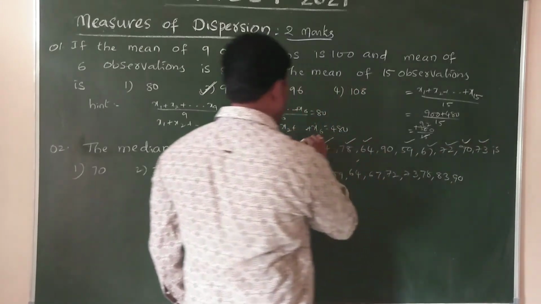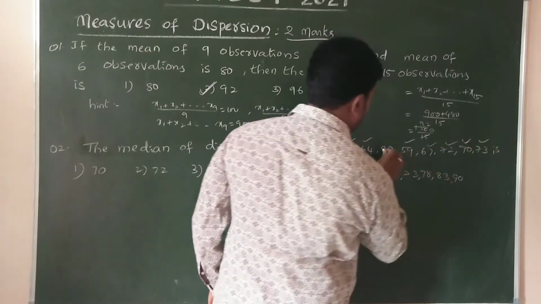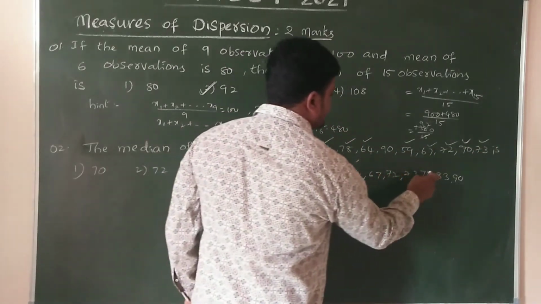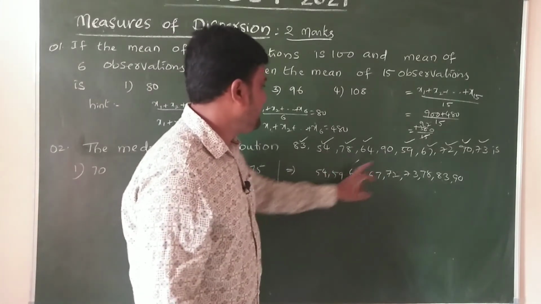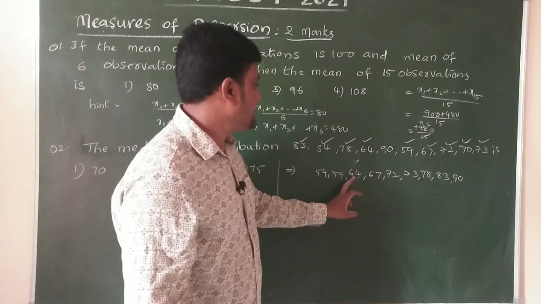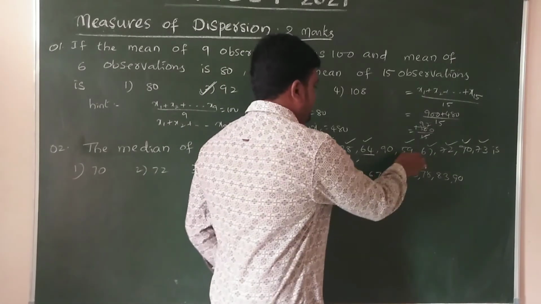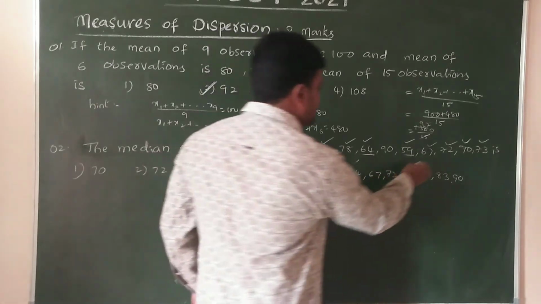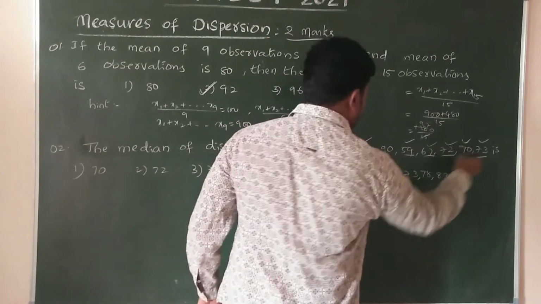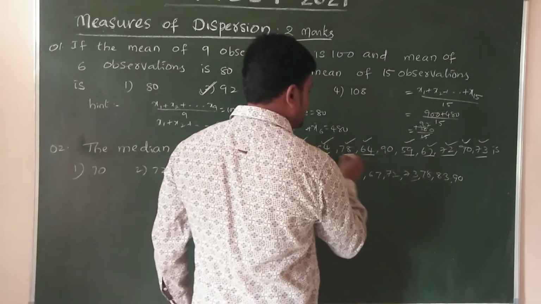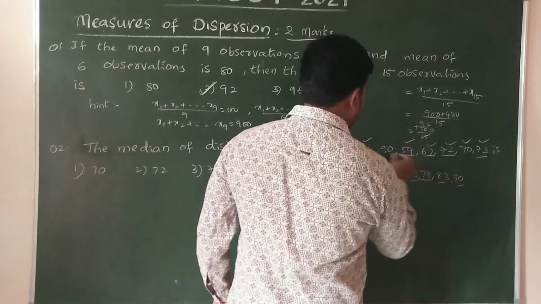Let us count them: 54, 59 and 64, then 67, then 72, 73 and 78, okay, 83 and 90.